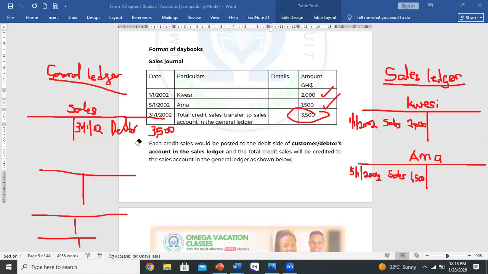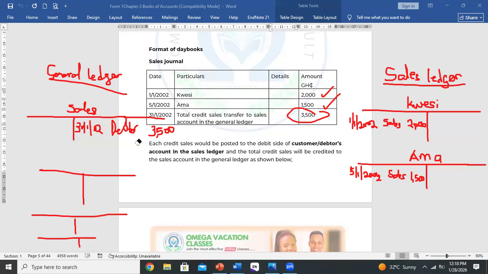The entry we make in that sales account is always credit. You credit your sales. And there's a reason behind it. But let's get the principle and I'll give you the reason. The corresponding debit entry depends on whether you sold the goods on credit.